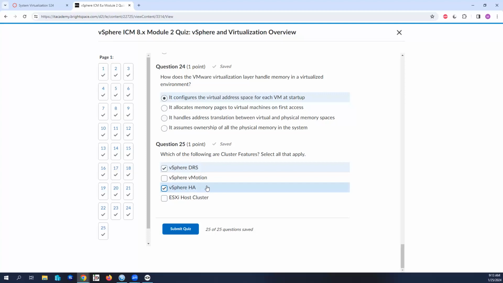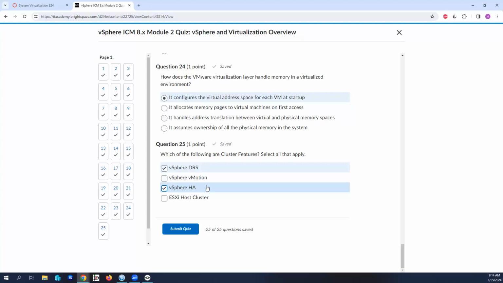High availability is when you add your ESXi host into a cluster. Those ESXi hosts are now being monitored for heartbeat and uptime. If one of them was to die, then one of the other ESXi hosts in that cluster can start the virtual machines up. So that's high availability. There is a little bit of downtime with HA, but it is a specific cluster feature.